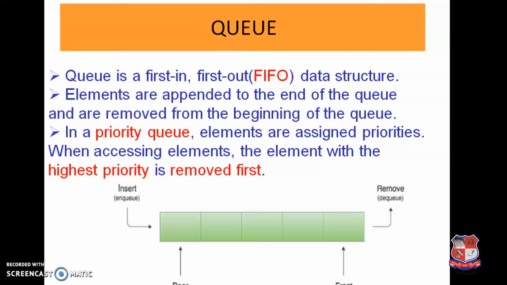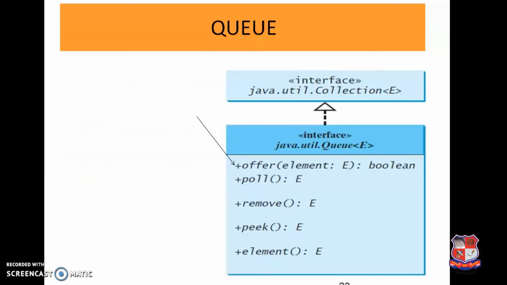With the priority queue, we can implement many important things, like which task or which process, based on priority, needs to be executed in an operating system. So we'll discuss priority queues later.